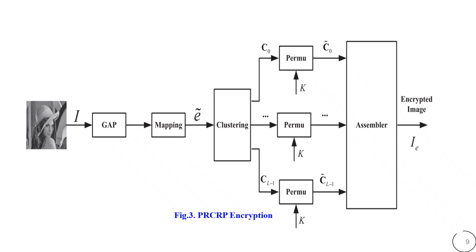The figure shows the entire encryption process of PSRP after prediction, mapping, clustering, and permutation. An assembler is used to concatenate all the clusters together to form an encrypted image.